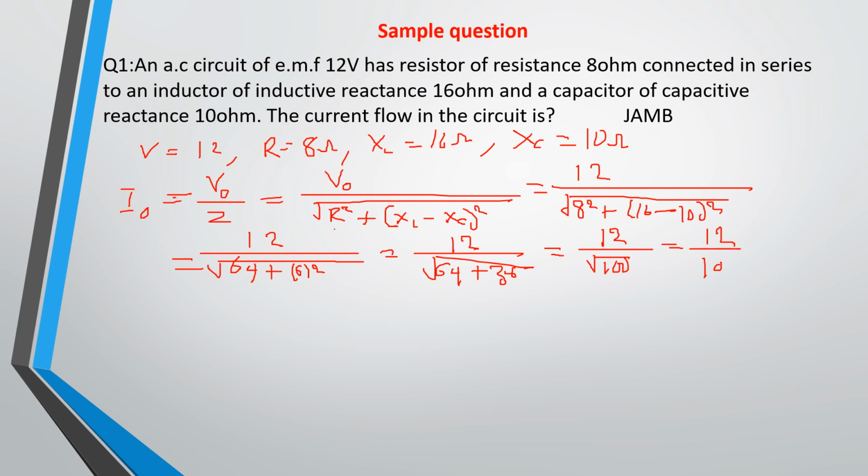So if you divide this, you have that the current flowing through the system is equal to 1.2 amp. Okay guys, so this is how to apply that equation to solve any problem that you might have.